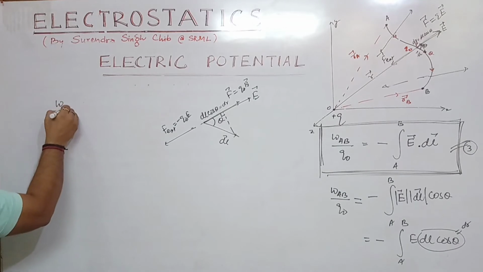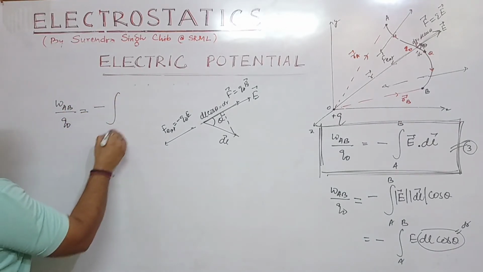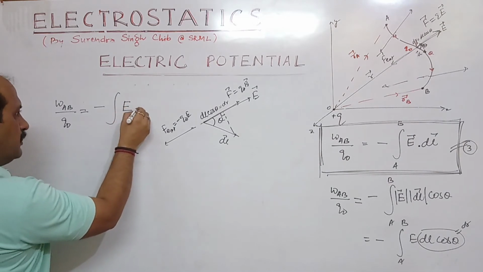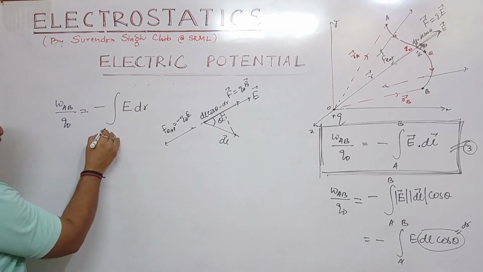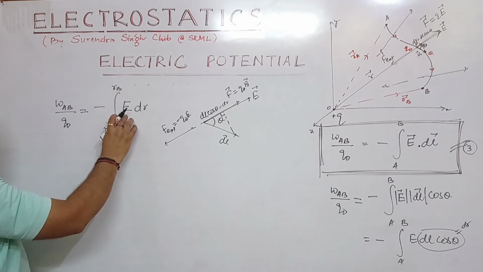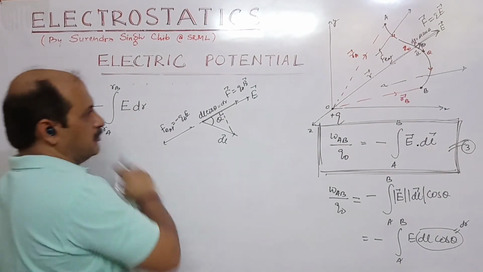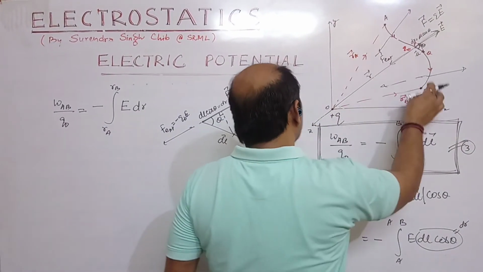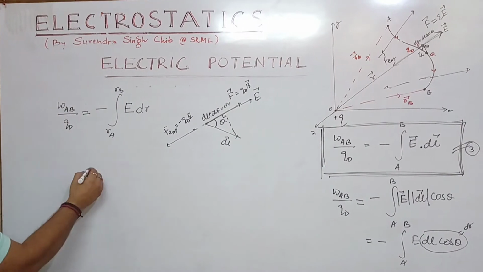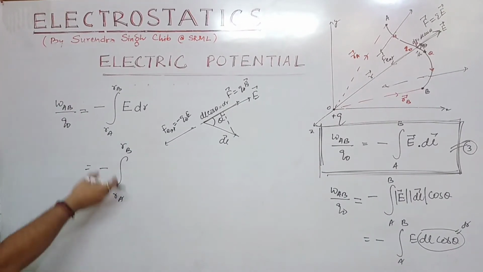So what we have: work done AB upon Q naught equals minus the integral of E dr, now from r_A to r_B. Why? Because this integral is with respect to the position vectors, therefore it should be from r_A to r_B. Now let's put the value of the electric field. This is pure mathematics.